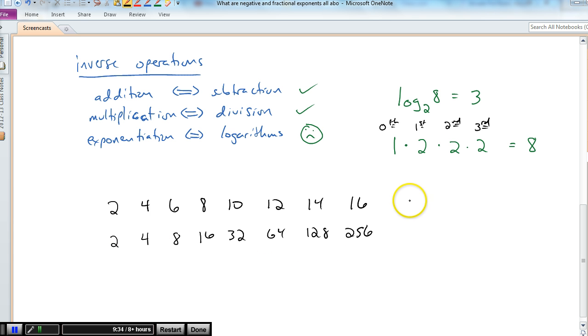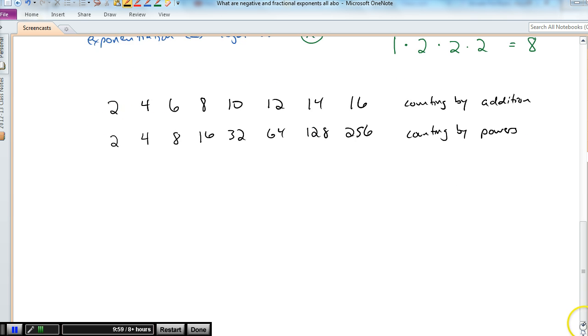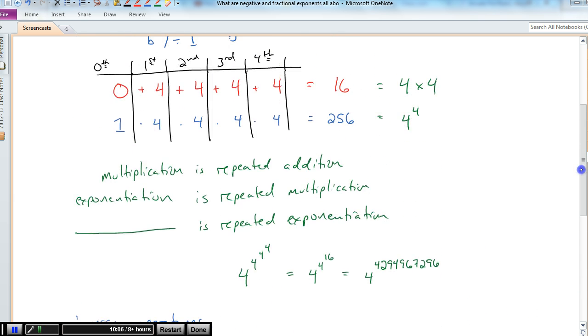Okay, so this is the world of counting by powers, and this is counting by, I guess, counting by addition. Okay, so I'm just trying to distinguish exponentiation from division, just to start us off. I hope that's clear.